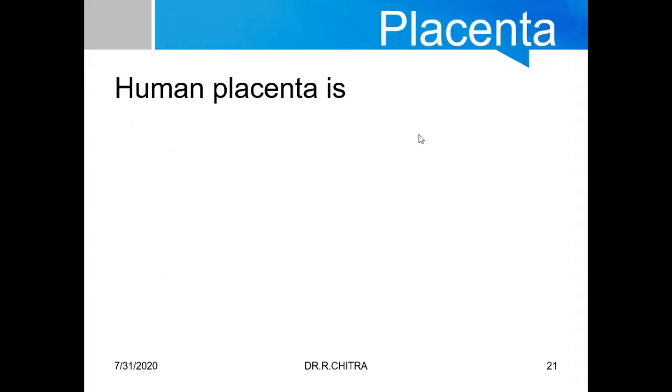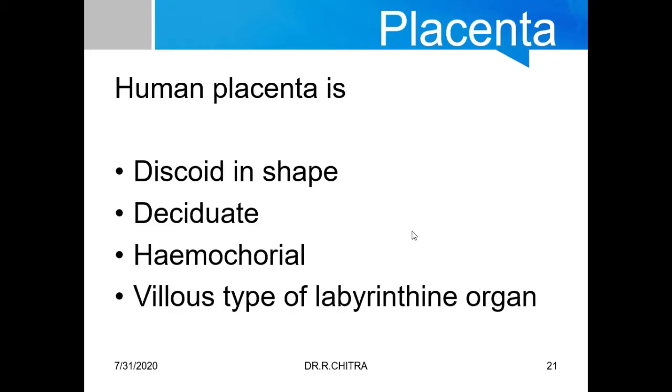Now the structure of the human placenta: it is discoid in shape, deciduate. Deciduate means it is shed off after the delivery of the fetus. Hemochorial is according to the type of the human placental barrier, and its type is villous type, a labyrinthine organ.